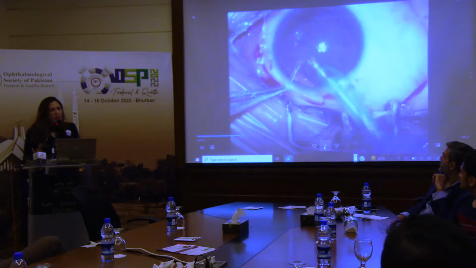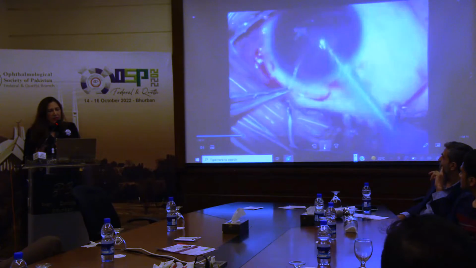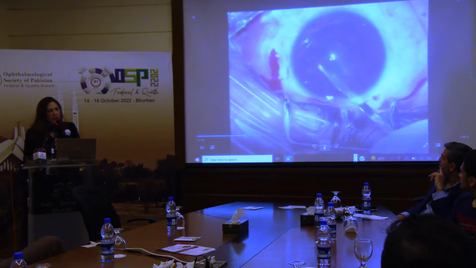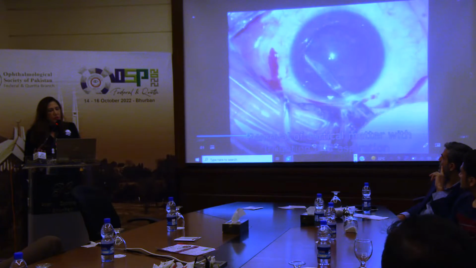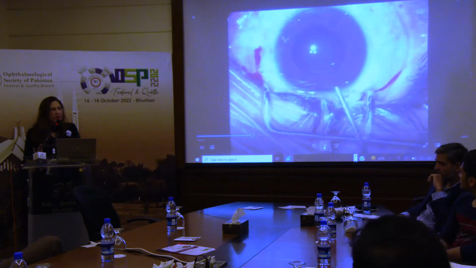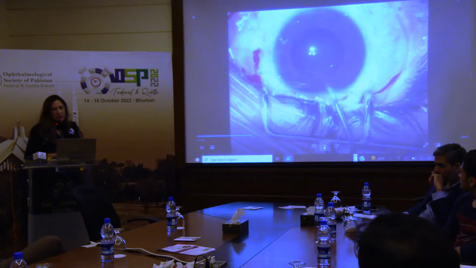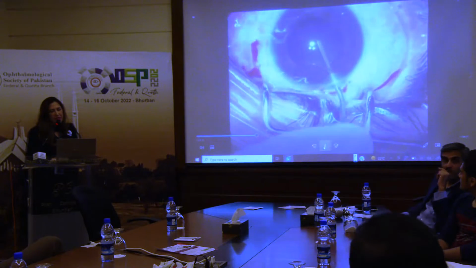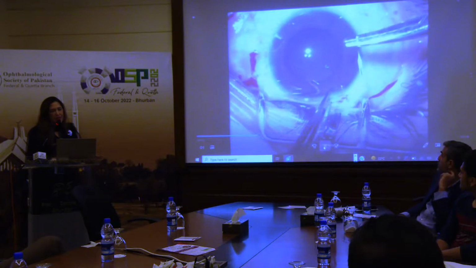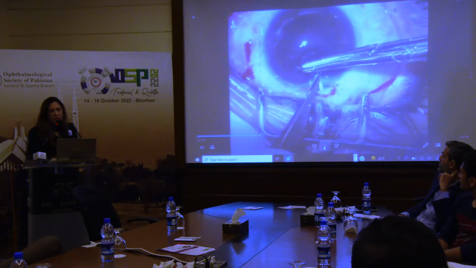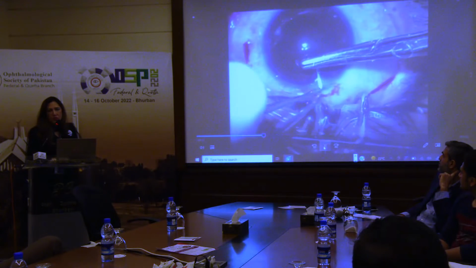So the first thing was to take this soft cataract out and try to remove these little siderotic anterior capsule spots or dots as much as you can, because these can lead to a little reaction after surgery. Then viscoelastic was injected, the posterior capsule is intact, and it was better to close the wound.